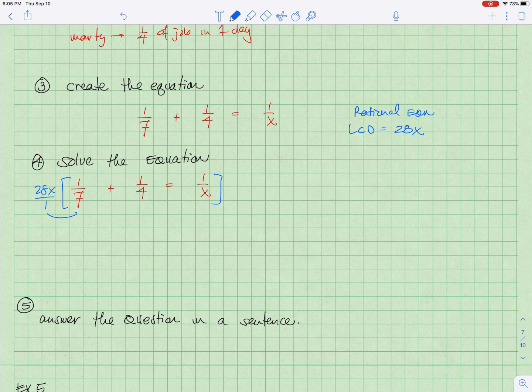28x over 1 will distribute to all terms in the equation. And we'll get 28x over 1 times 1/7 plus 28x over 1 times 1/4 is equal to 28x over 1 times 1/x.